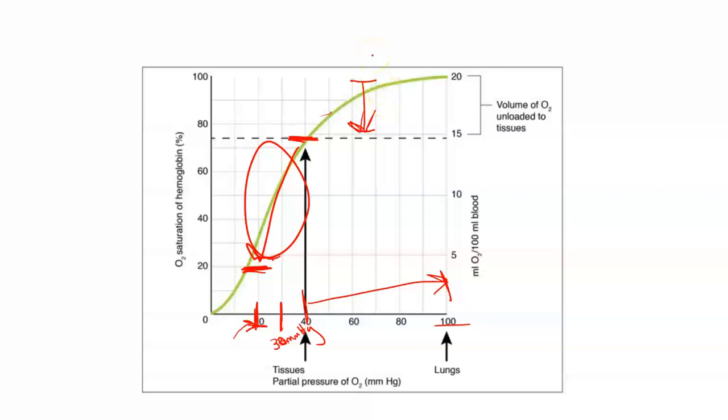And how saturated hemoglobin is will have a bearing on its color. It actually undergoes conformational changes. It changes its shape depending on how saturated it is. And when it's really saturated, it's bright red. And when it's at about 75% capacity, it turns more of a maroon color, which we see as being more of a bluish, purplish color.